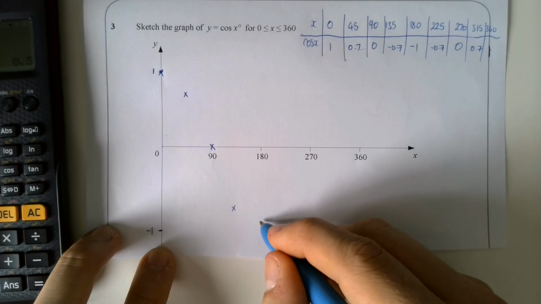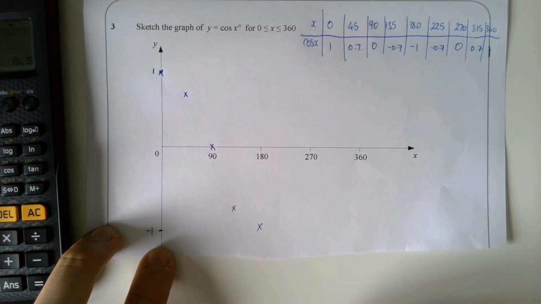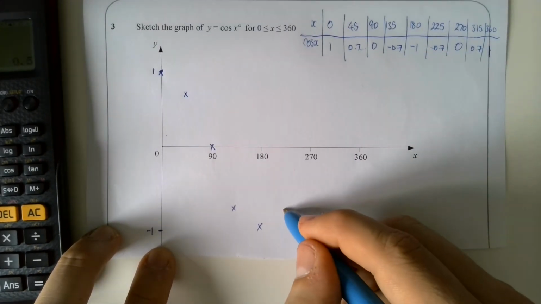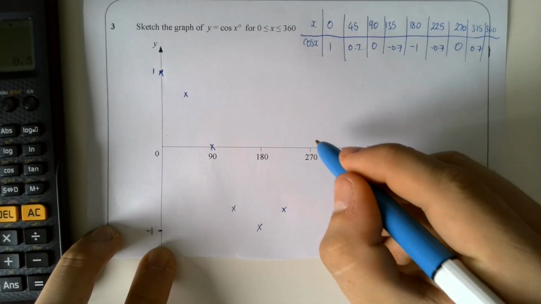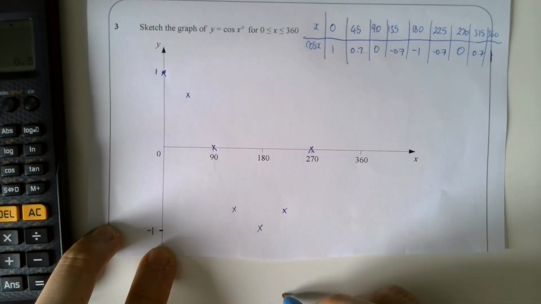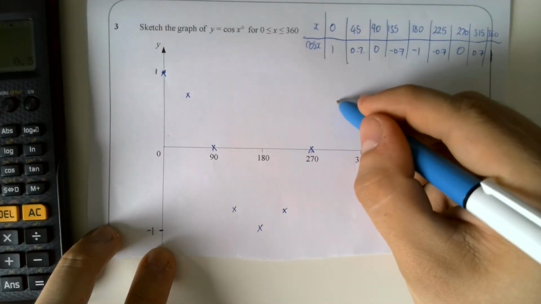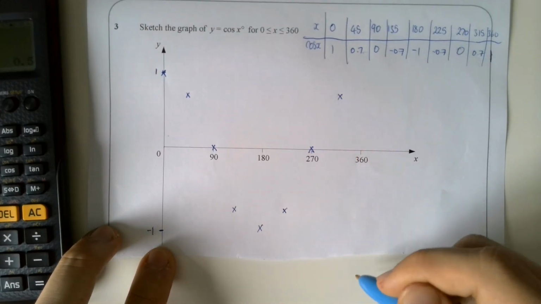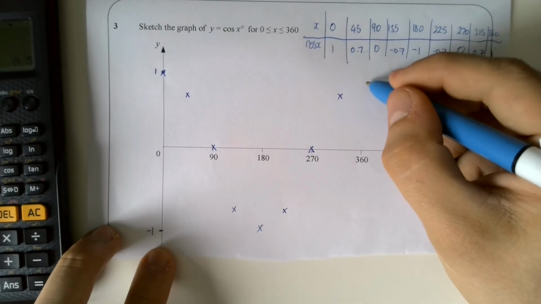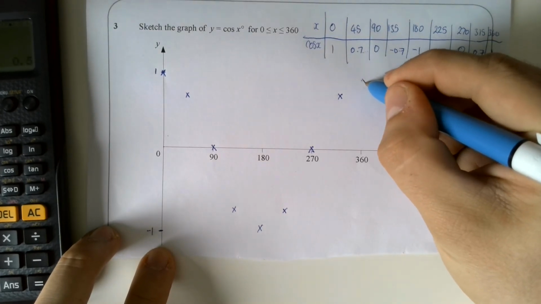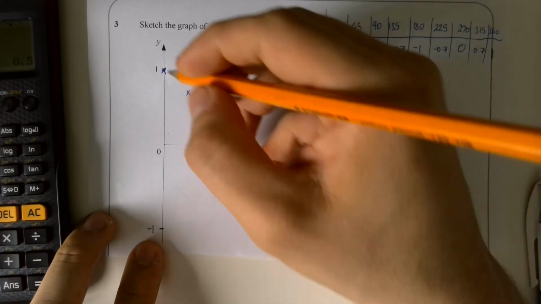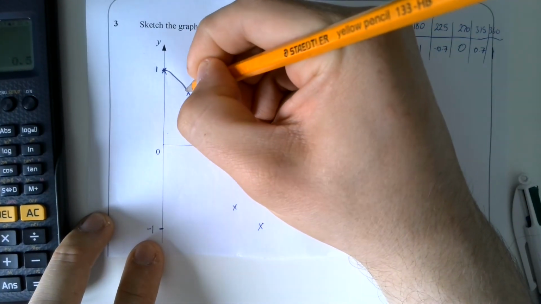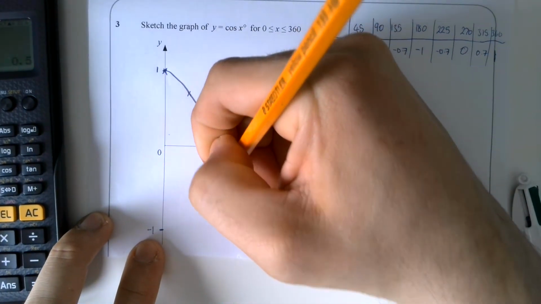Cos 180 is minus 1. Cos 225 is minus 0.7-ish. Cos 270 is 0. Cos 315 is 0.7. Cos 360 is 1. And again, just join that with a smooth curve and you will recognise the shape from before.